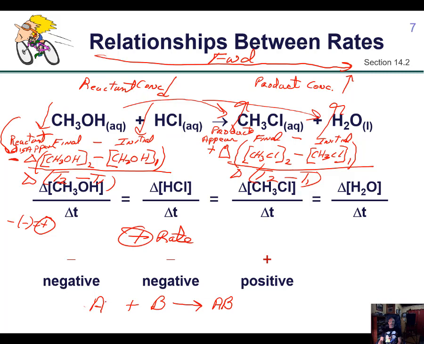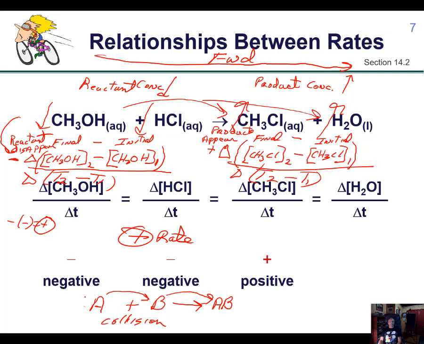Okay? Now let's take a look at one more aspect. Remember, for a reaction to take place, in this particular case, reactant A has to have a successful collision with reactant B to make the product molecule AB. So there has to be a collision involved.